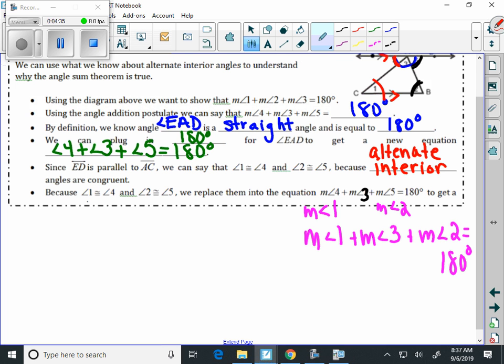If we look back at our first sentence, the measure of angle 1 plus measure of angle 2 plus measure of angle 3 is 180 degrees. Again, this is a roundabout way of writing a proof. And hopefully this is mostly common knowledge to you.